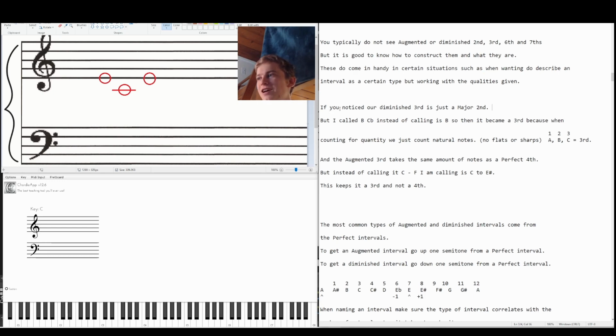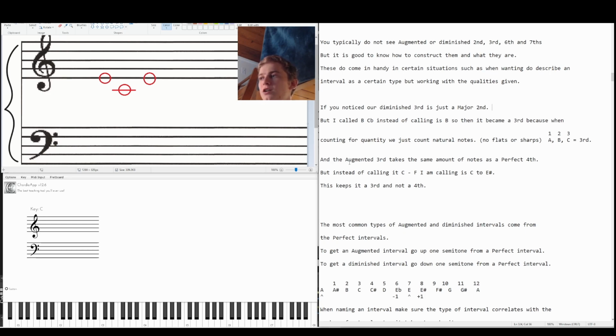So if you noticed, our diminished third is just a minor second, but I called it B to C flat instead of calling it B to C, so then it became a third when counting for quantity. Because remember, in quantity, we're just counting up those natural notes, which are no flats and no sharps. So I'm counting from A to C, I'm going up A, B, C, so that's called a third.